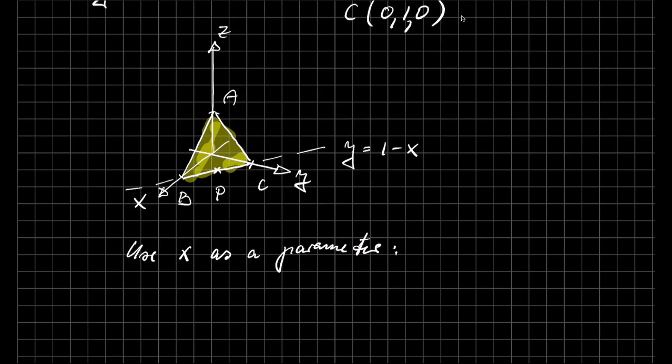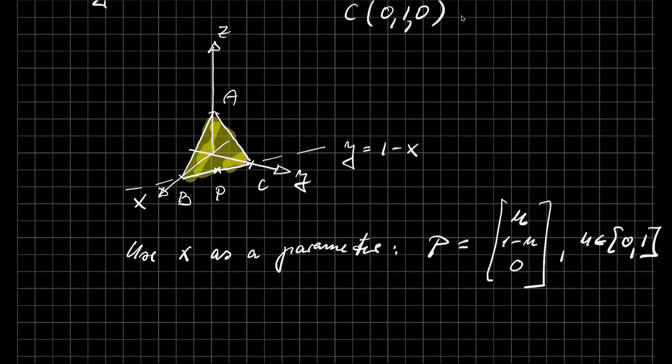When x is u, then y is 1 minus u, and z is 0. So the line is in the xy plane, and u is in this interval.